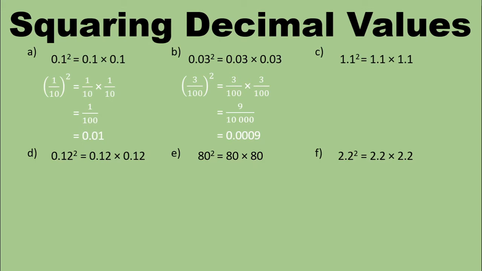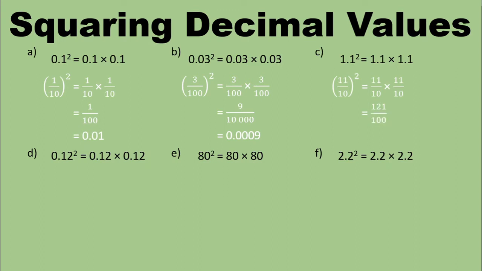Next, we've got 1.1 squared. Now, this may not look obvious and familiar to you, but that's the same thing as 11 divided by 10. So 11 over 10 squared is 11 over 10 times 11 over 10. And if you know your square numbers, you should know 11 squared, and you should know 10 squared. 11 squared is 121, 10 squared is 100.